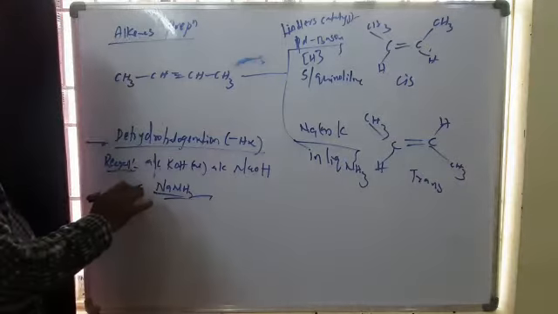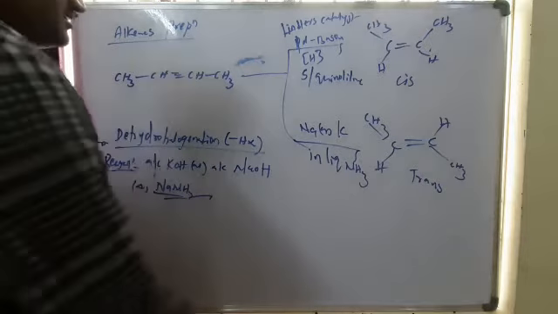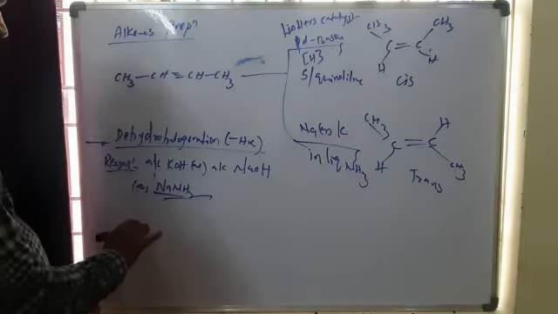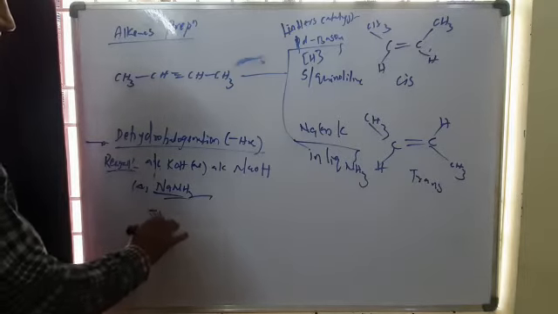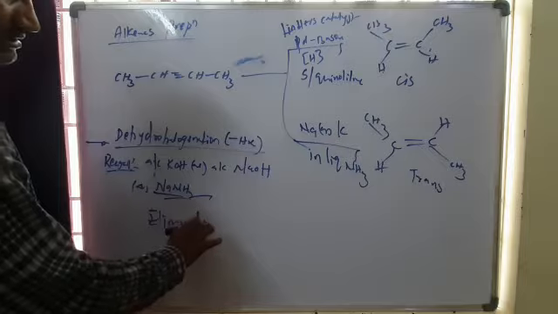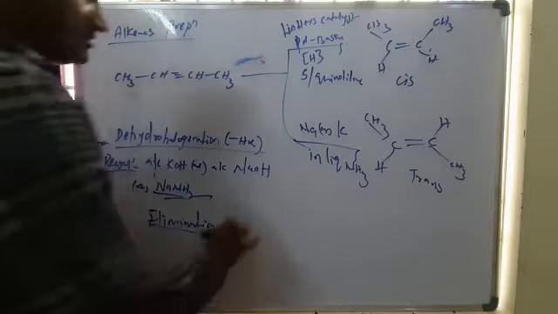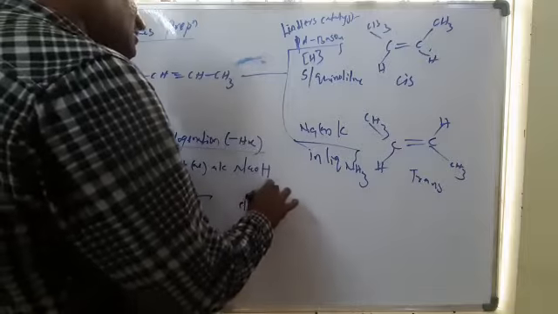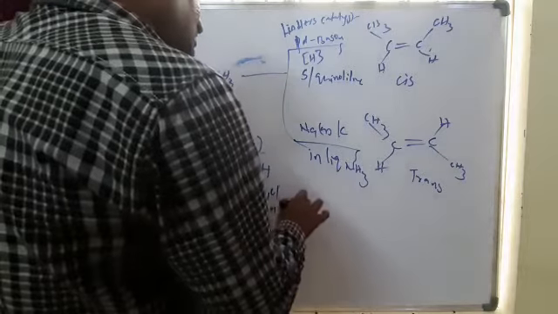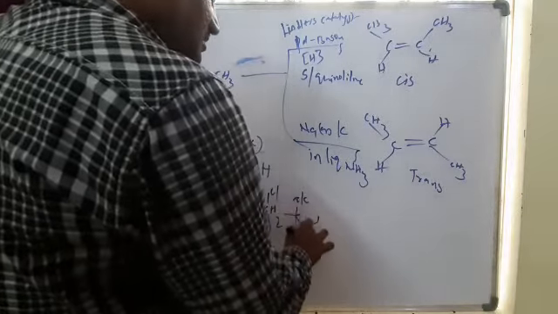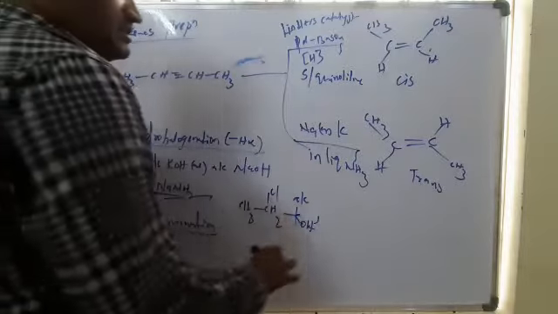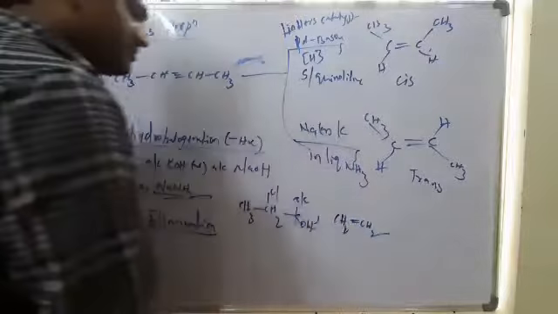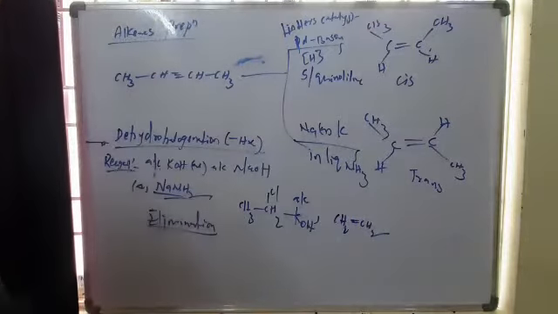So with any of these reagents, dehydrohalogenation takes place. This is generally an elimination reaction. So if you use alcoholic KOH, then H here and chlorine here are eliminated, and we will get simply alkenes as the elimination products.